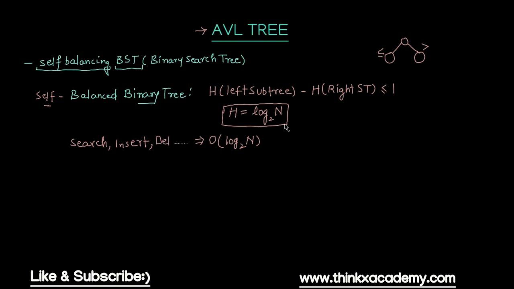Let's study a very important concept: why the height of a balanced or self-balanced binary tree is log base 2 n. I'm going to draw a binary tree here. Let's suppose we have a binary tree like this, with some nodes.